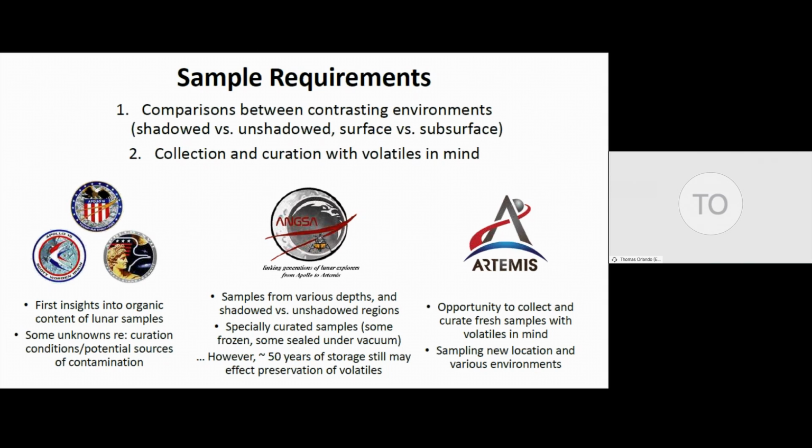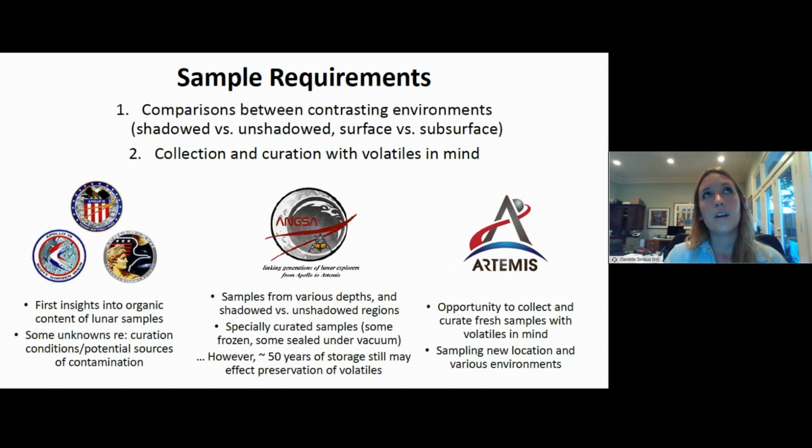Okay, if there isn't any, I actually have one. With your analytical techniques, can you do measurements of enantiomeric excesses? Yeah, we can. I mean, yes. So enantiomeric excesses are actually one of our key interests, at least for amino acids.